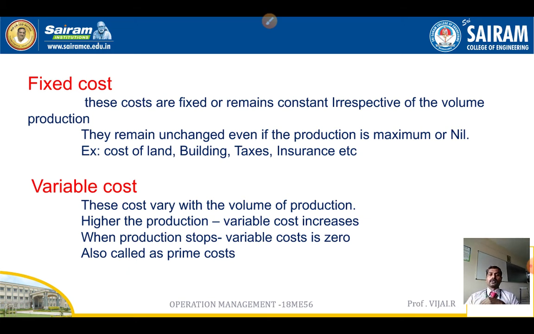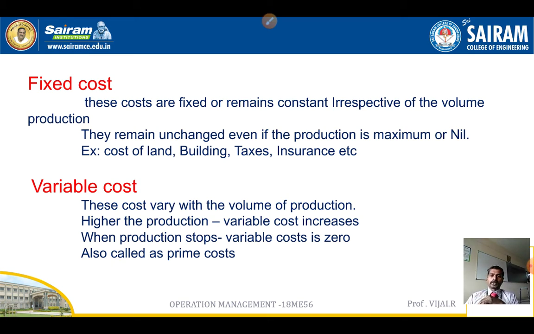Before starting the company, we need to purchase the land, then construct a building for keeping the machineries, then purchase the machineries and arrange them properly. Before even a single piece is produced, whatever cost we have invested we call a fixed cost.